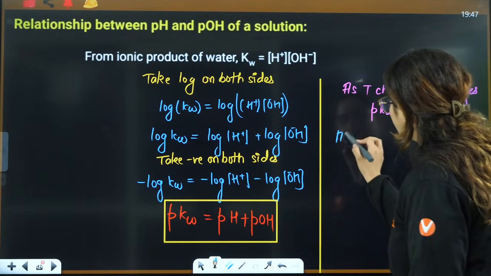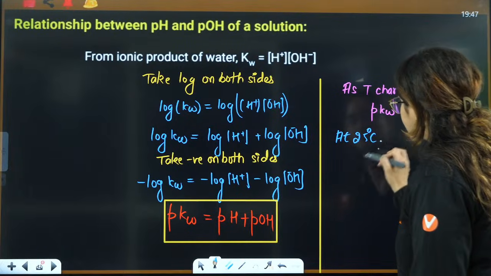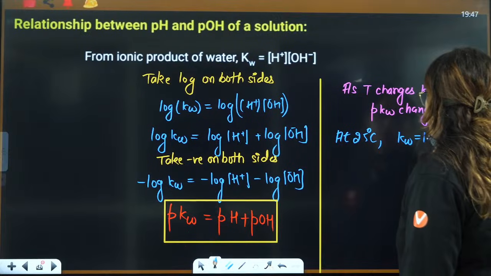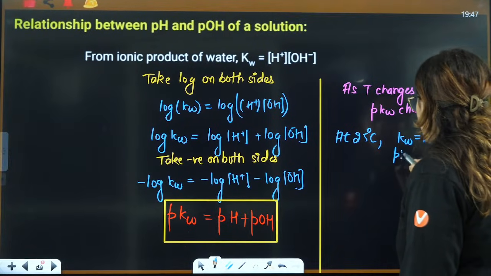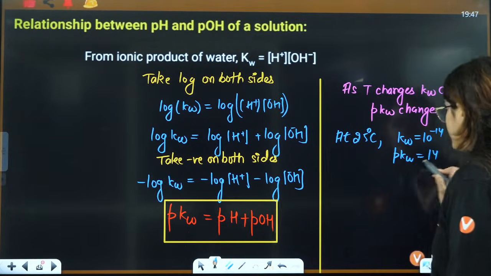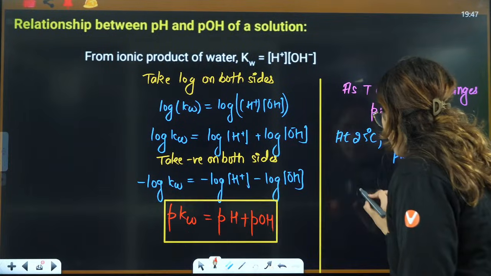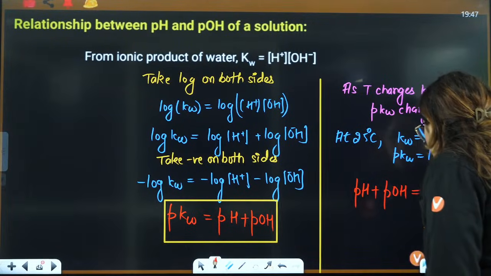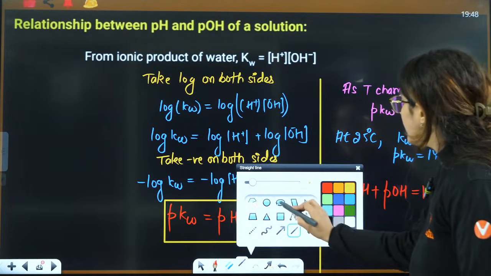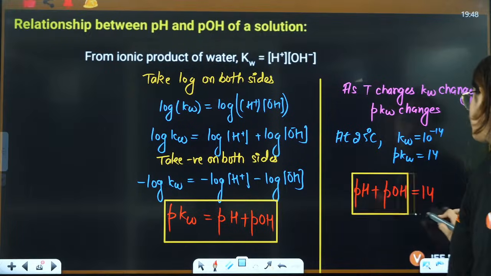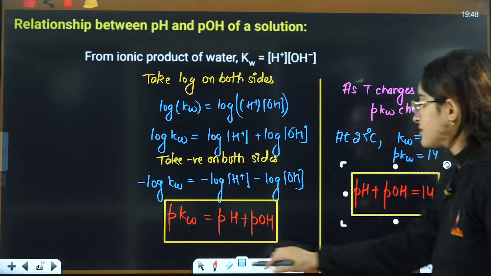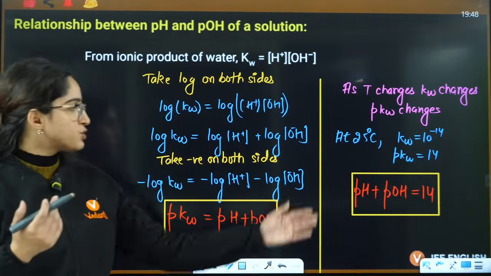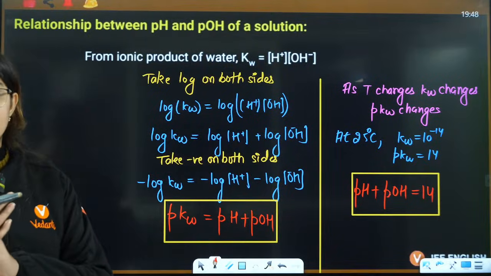At 25 degrees Celsius, Kw is equal to 10 raised to power minus 14. So pKw is equal to 14 here. So we can say pH plus pOH is equal to 14. This is that very famous equation that you have seen in earlier classes as well, right? pH plus pOH is equal to 14.